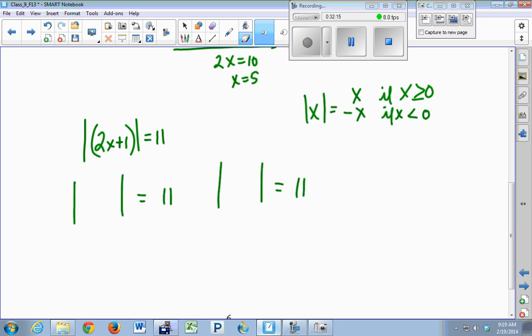Don't even think about that. What could I put in there? What number could I put in there? Negative 11 or positive 11. So all we're saying is, let me find the value of x that will make that thing equal negative 11. So when I go back and put it back into the absolute value, it comes out being positive. And then the second thing is, what will make it equal to 11? So that's why you set one equal to 11 and one equal to negative 11. Okay? Thanks for asking.